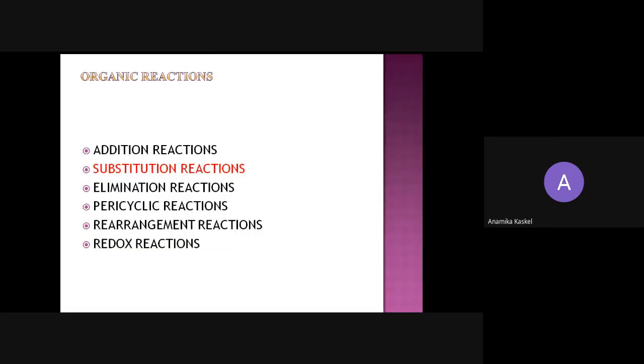This is nothing but substitution. Substitution reaction in our social daily life, we also observe. In some election procedure, one prime minister is substituted by another. This is also the process of substitution. So substitution is everywhere in nature.